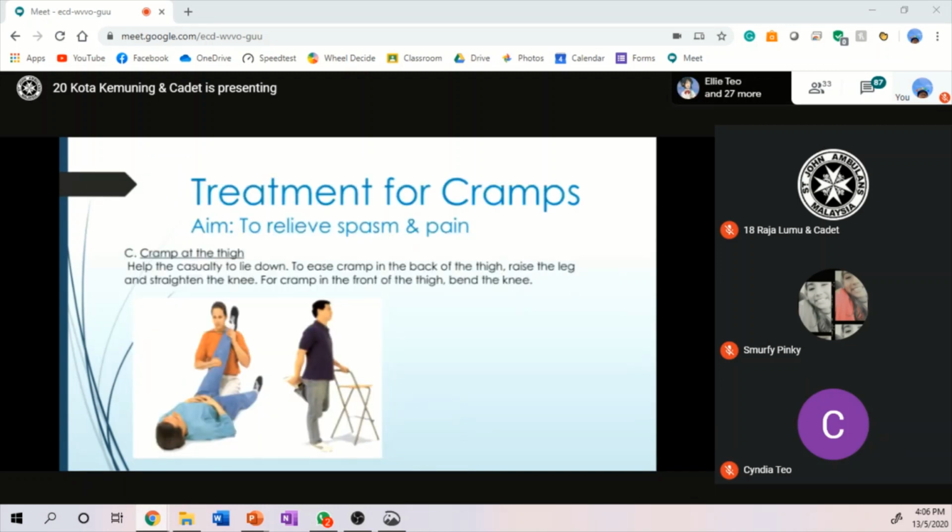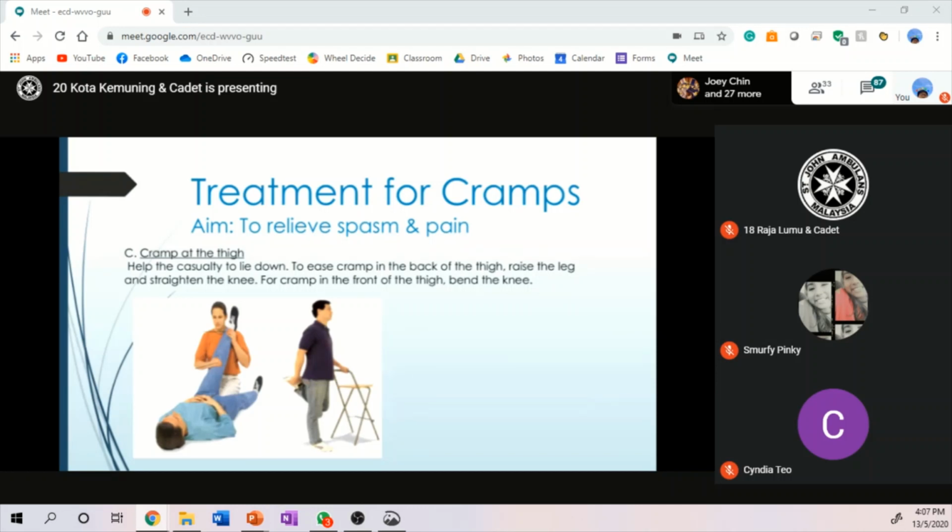Treatment for cramp. There's another treatment for cramp here. As you can see in the picture, the woman is helping the casualty to treat the cramp. You need to help the casualty to lie down and then ease the cramp in the back of the leg.